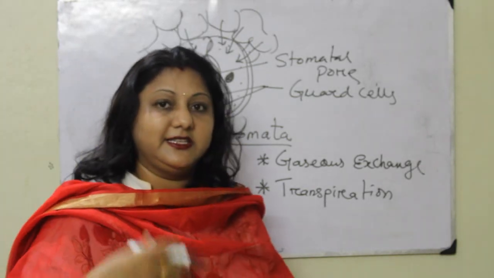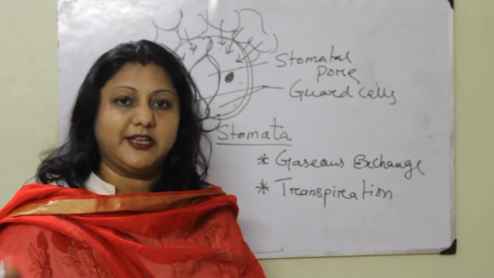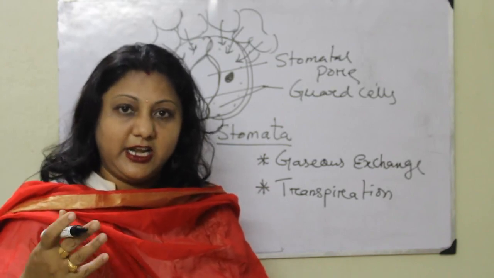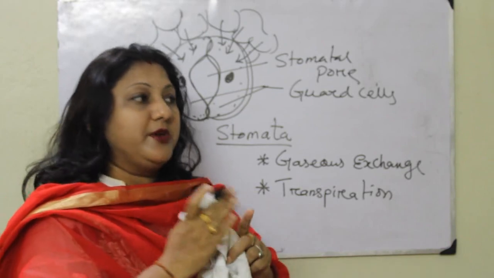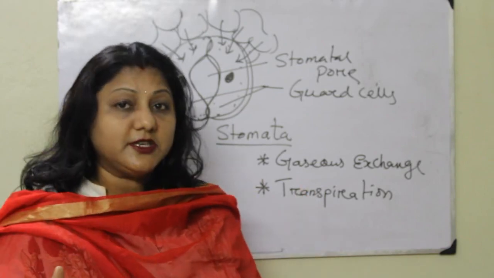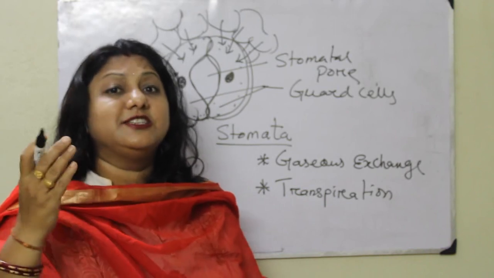If the guard cell starts losing water by transpiration, then what is going to happen? It will again close, because after losing water the guard cell will start shrinking.